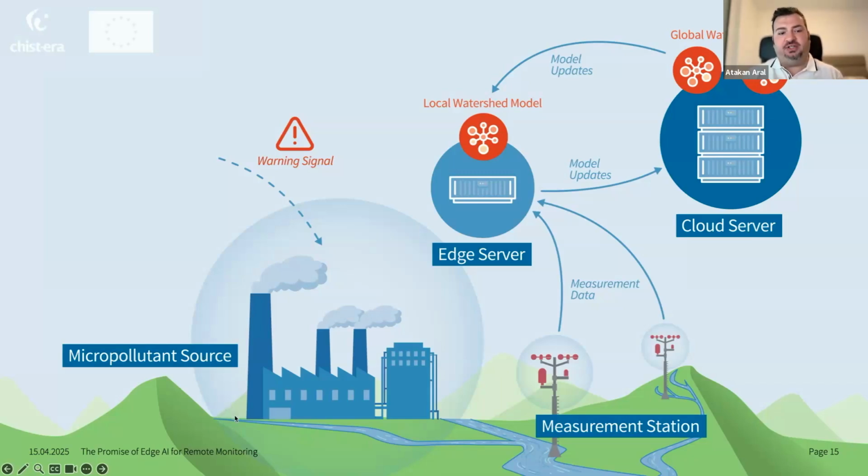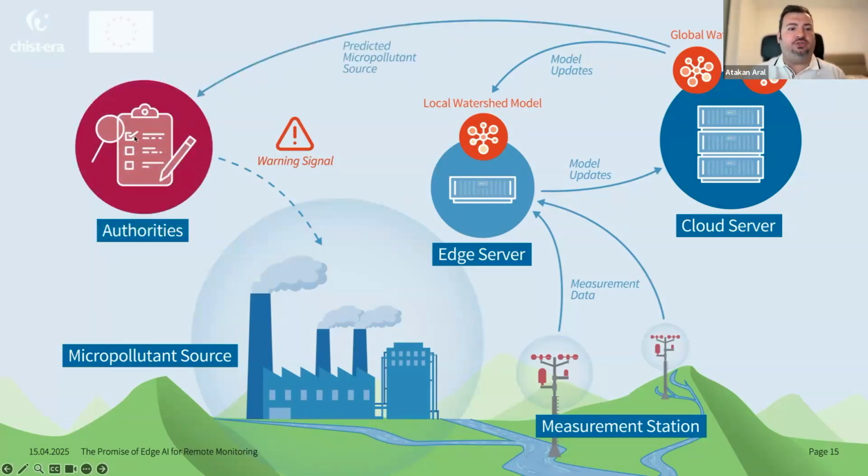So we have a very complicated digital representation of the river, where, based on the current measurements from hundreds of sensors around the river, we can pinpoint the potential source of the pollutant so that we can warn the authorities, who can take precautions to stop the pollution. This was motivated by several recent disasters which caused environmental impact in Europe due to micropollutants being very hard to detect.